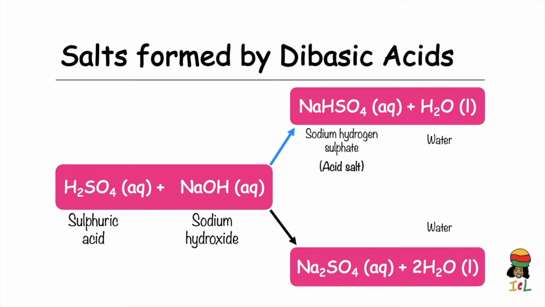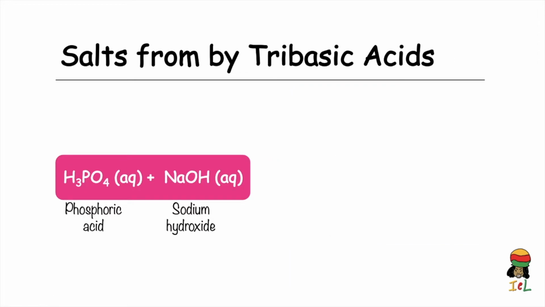The next possibility occurs when both hydrogens from the sulfuric acid have been replaced, and as you can see, there are no hydrogens in the formula, and as a result, this is a normal salt, and the name of this salt is sodium sulfate.